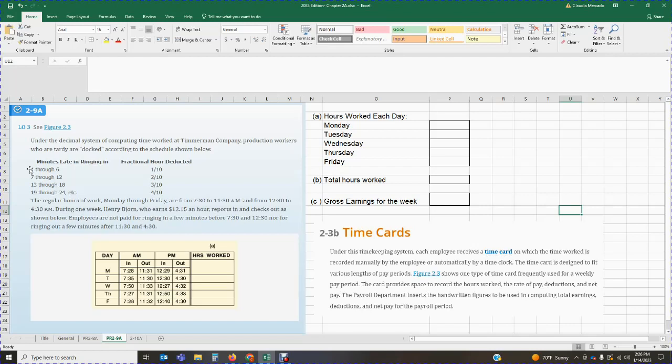Nowadays most of us clock in at whatever time we clocked in, that's when the clock starts running, and that's when you start getting paid. It's a lot more precise, but there are a lot of places that still use systems like this, so we need to be able to figure out how to make all of these deductions if an employee is late.